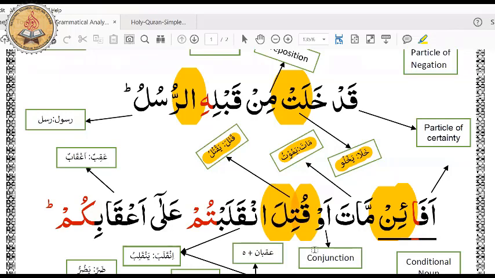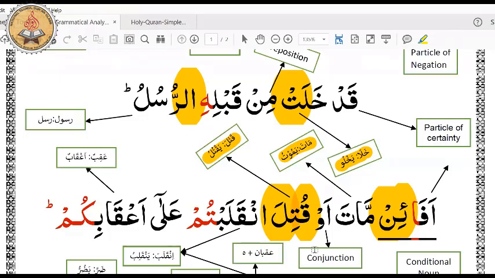Remember, simple past would start with fatha. When it starts with the dhamma, this is a good indication, a subject marker, that this is passive. So kutila, he was killed. Kutila, basically he was killed.